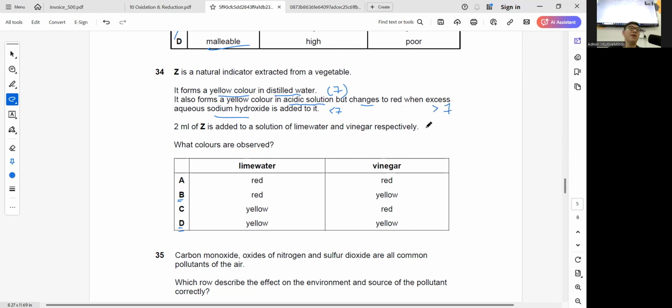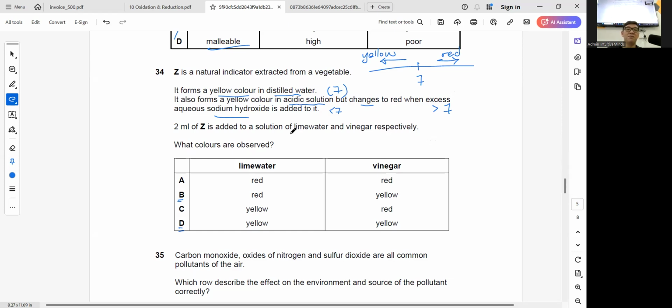So you only get 2 colors. Anything below 7 is yellow, anything above is red. You need to draw it out first.